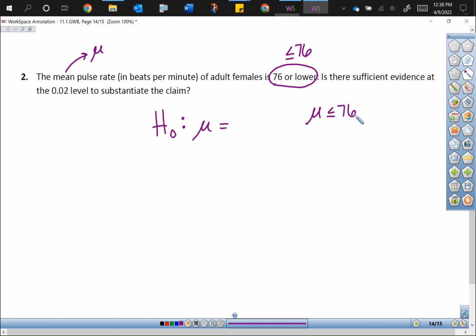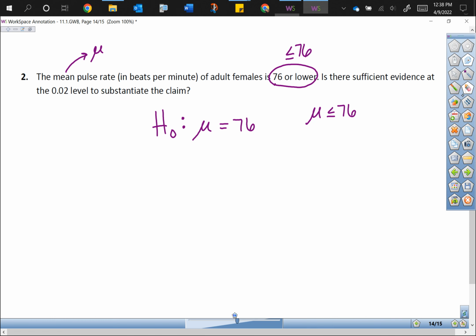But statisticians decided that can be too confusing. Instead, we want to focus on just making the null easy and then focusing on the alternative. So even though this is technically what they're talking about, they always want you to use the equal sign in the null hypothesis. So mu is equal to 76.